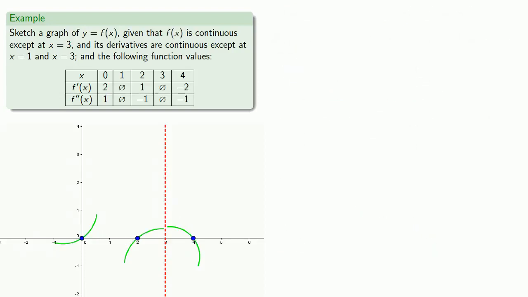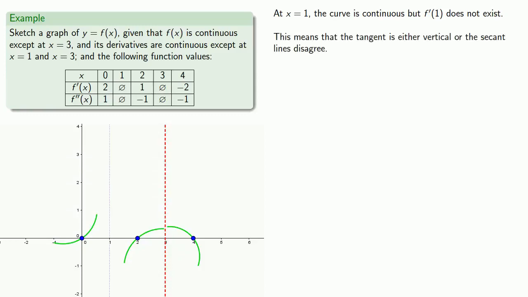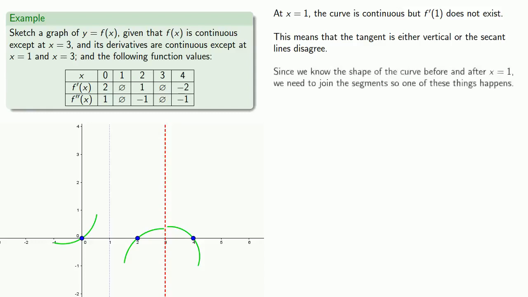And finally, we have this peculiarity at x equals 1. At x equals 1, the curve is continuous, but f prime of 1 does not exist. And this means that either the tangent is vertical, or the secant lines disagree. Since we know the shape of the curve before and after x equals 1, this means we need to join the segments of the curve so that one of these two things happen.